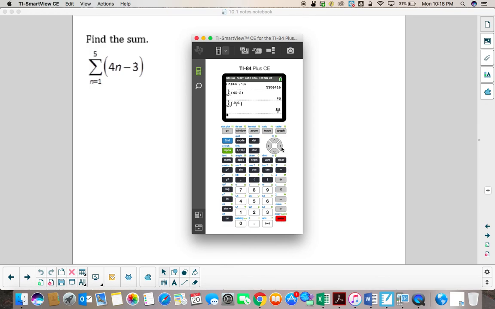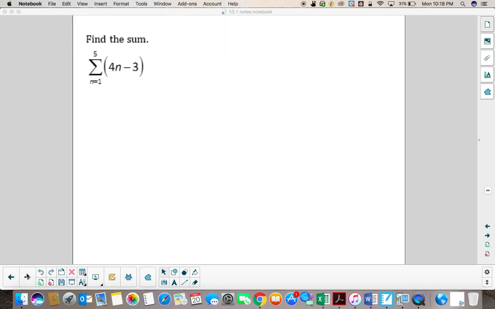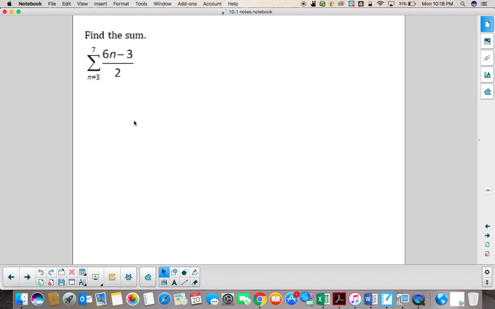And I get 135 over 2. So that's the example I just found, so I just use that in my calculator.